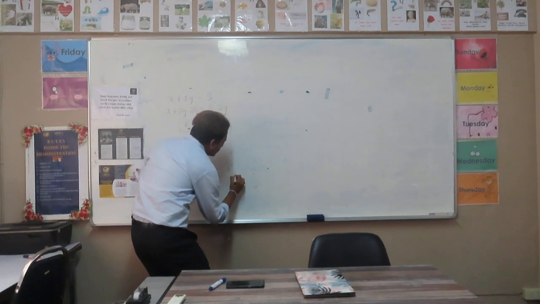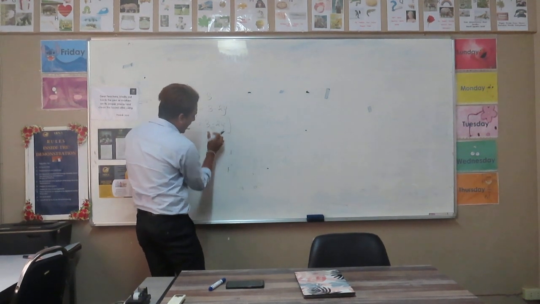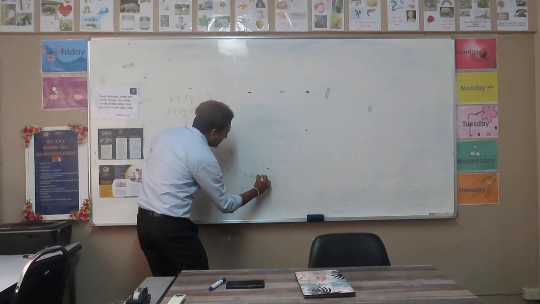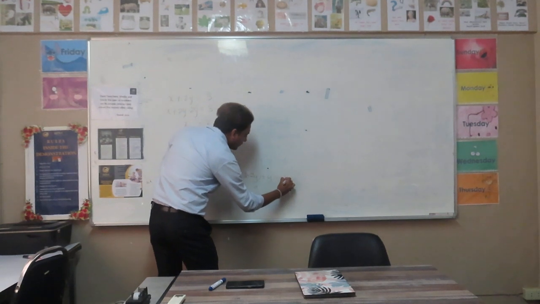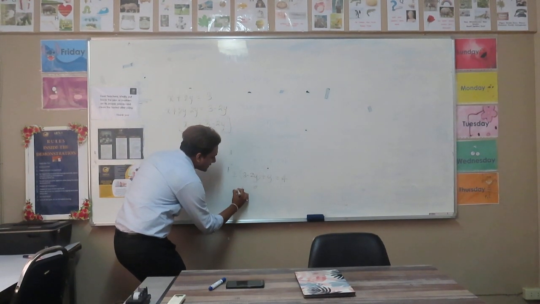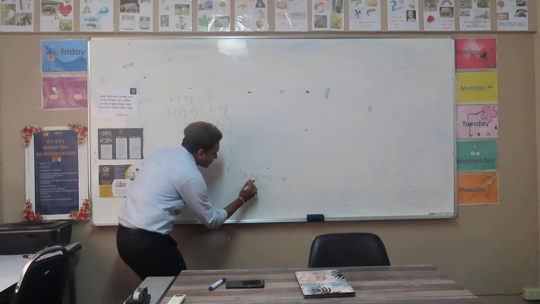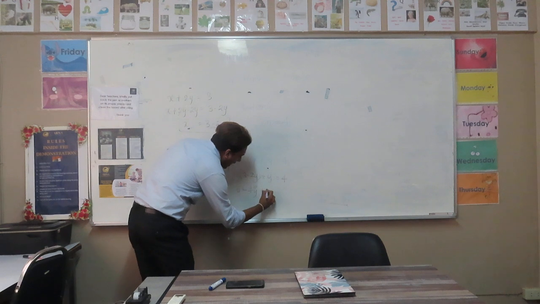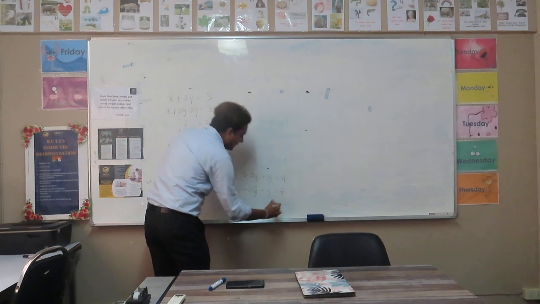Okay? So 2, instead of x, I'm going to write (3 minus 2y) plus y is equals to 4. Okay? So 2 3s are 6 minus 2 2s are 4y plus y is equals to 4.